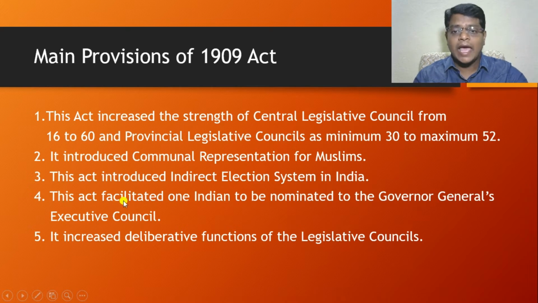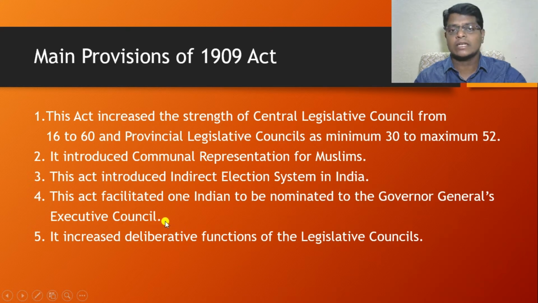Then this act facilitated one Indian to be nominated to the Governor General's Executive Council. Here, for the first time, the Executive Council of the Governor General admitted one Indian. Satyendranath Sinha was the first Indian to be nominated to the Governor General's Executive Council.